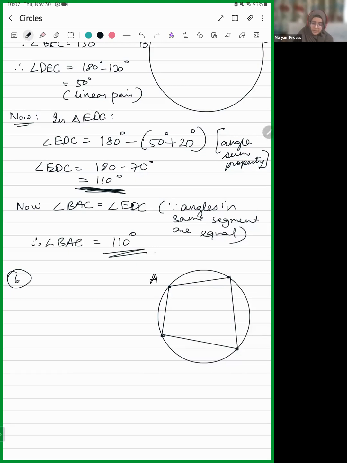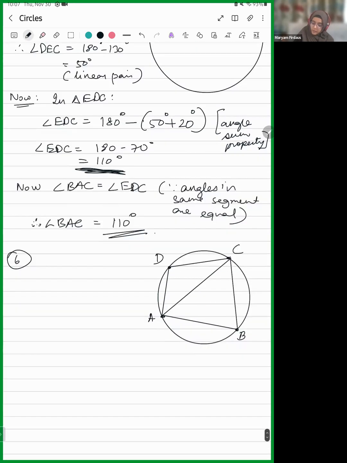So ABCD is a cyclic quadrilateral whose diagonals intersect at a point E. Remember, the moment they talk about cyclic quadrilaterals, the first thing you should remember is: opposite angles in a cyclic quadrilateral, are they equal or supplementary or complementary?